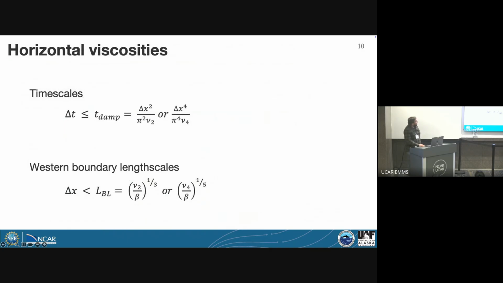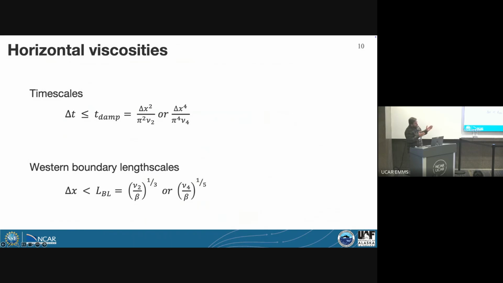There is also some consideration that you can use for, for example, determining what horizontal viscosity you want. You can use, for example, the spin down time of the wavelength, and the smallest wavelength again will be 2 delta x, and you get this damping time scale based on that, and so that will help you determine the viscosity using those two ratios.